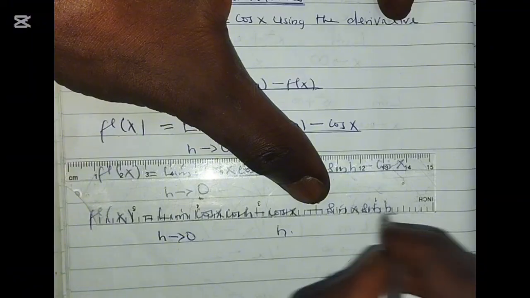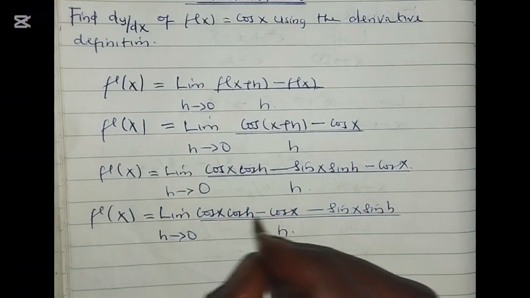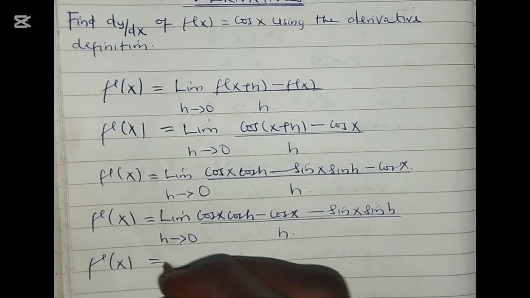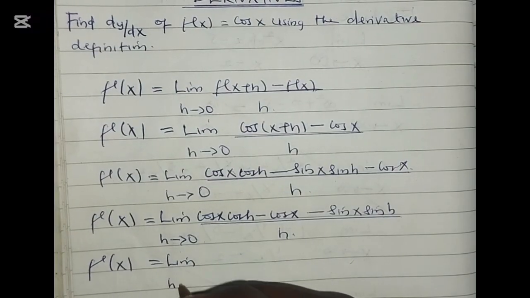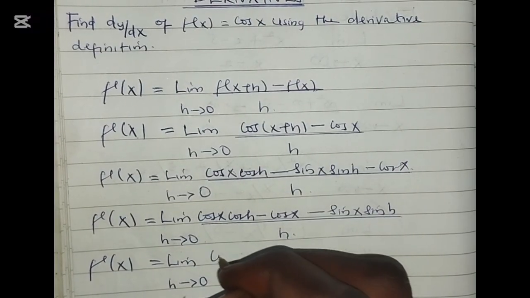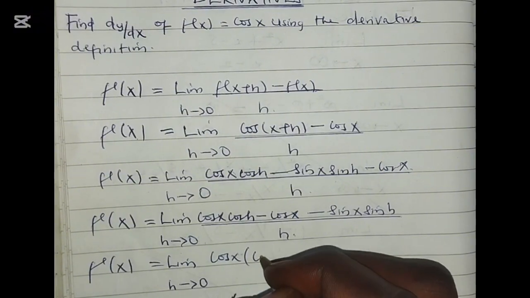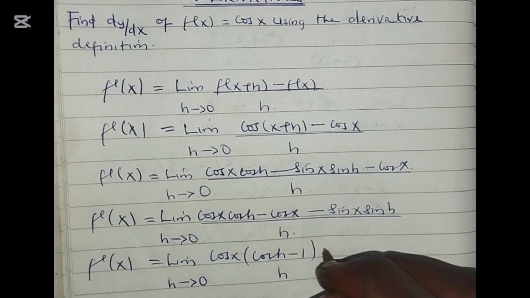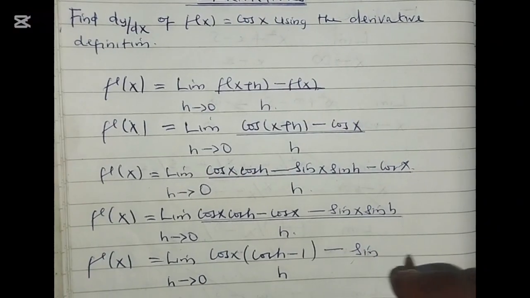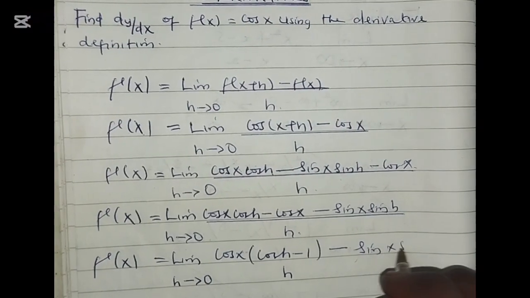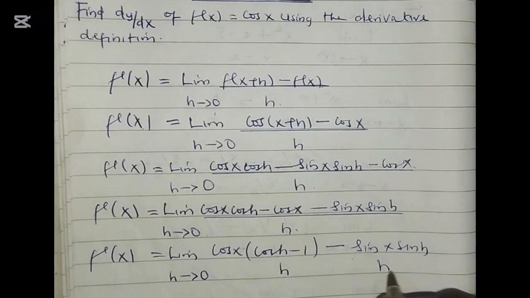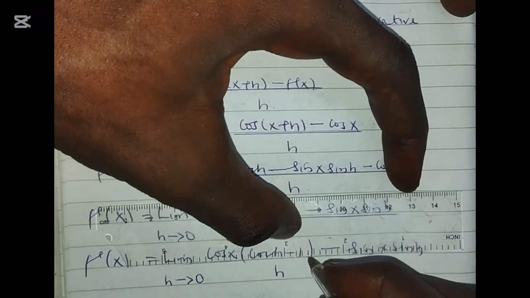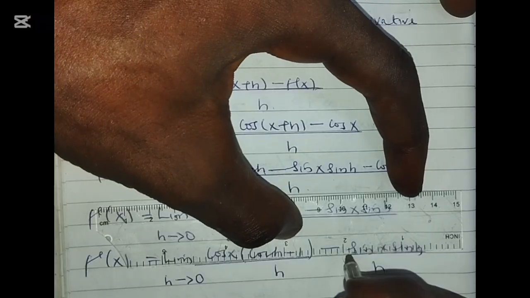We can factor out cos x to give us f'(x) equals the limit as h goes to 0 of cos x (cos h - 1) all over h, minus sin x sin h all over h. I just separated them for easy understanding.